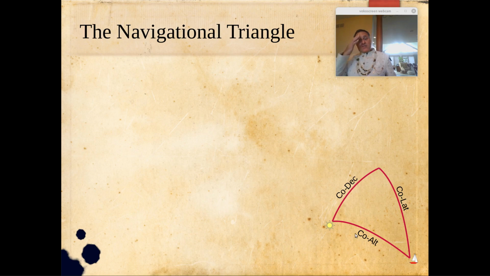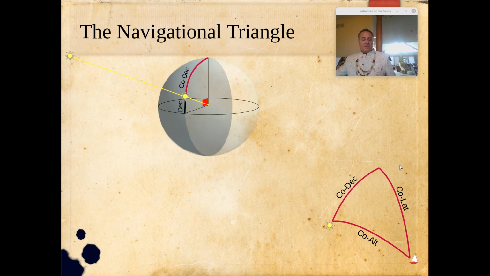The navigational triangle is the geometric figure that we hope to solve to find our position on Earth. And I'll show you here how that works. Now, we have the sun in the sky above its subsolar position on Earth.